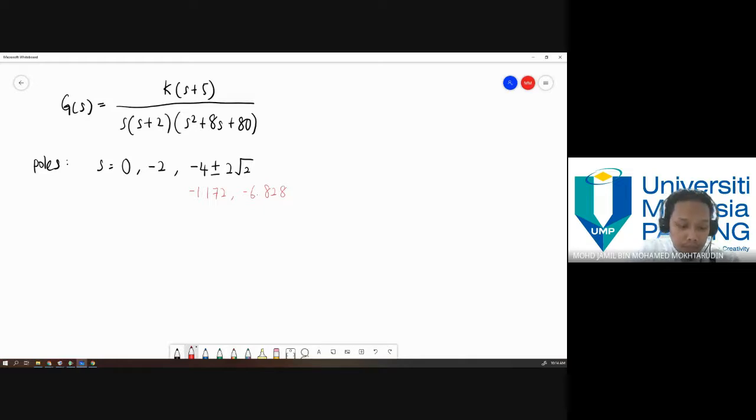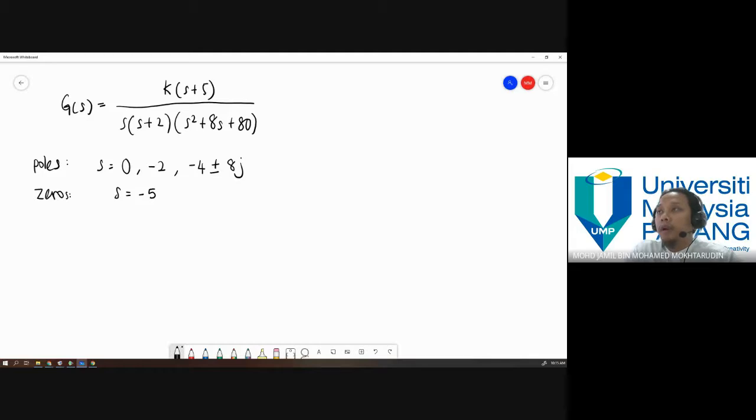Salah, it's negative 4 plus minus 8j. And then for the zero, you have S equals minus 5. Now you have 4 different poles and 1 zero.